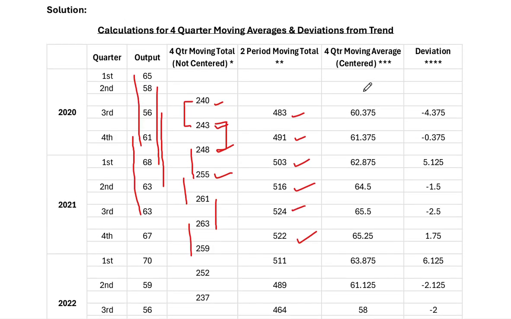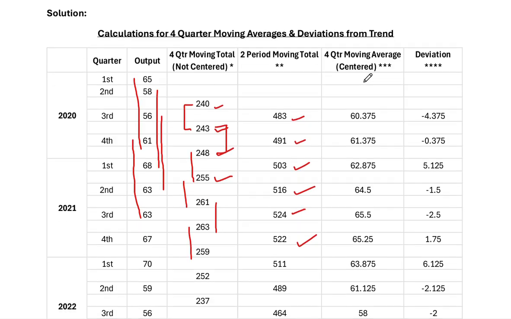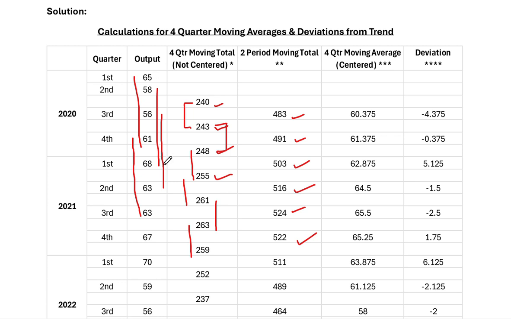Now, we will calculate further 4-quarter moving average, which will be centered. Earlier one is not centered. Now we will calculate as centered. So for this, we will divide by 8 for each number. 483 divided by 8 to create a 4-quarter moving average centered.